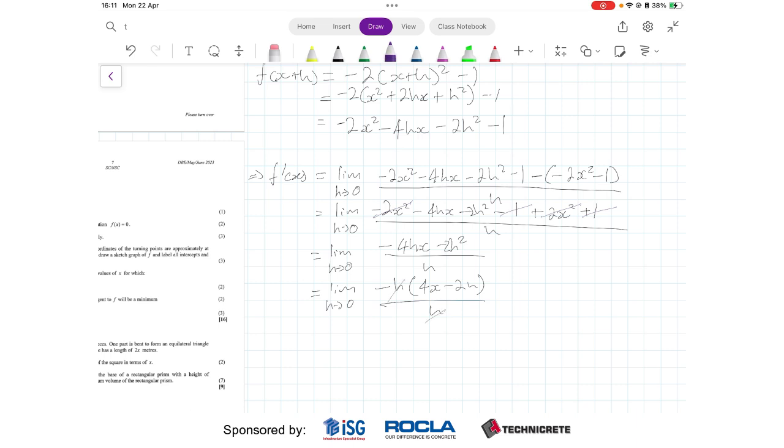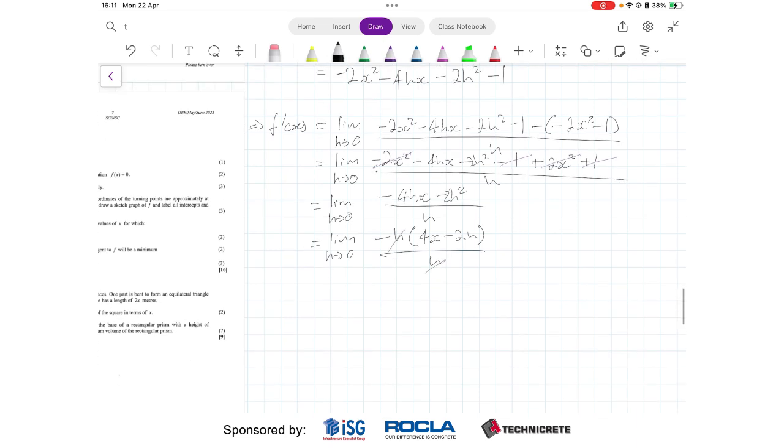Our h's cancel each other out. And finally, we may just substitute h equals 0. Thus, we are left with minus 4x plus 2 into 0, which is equal to minus 4x.